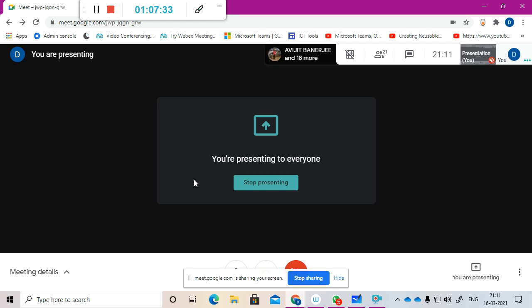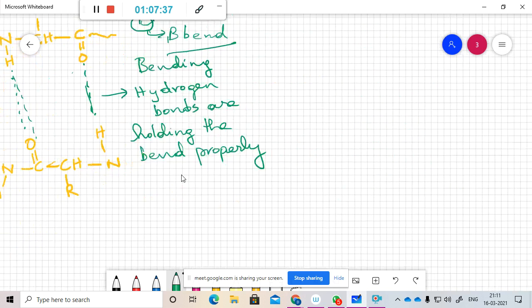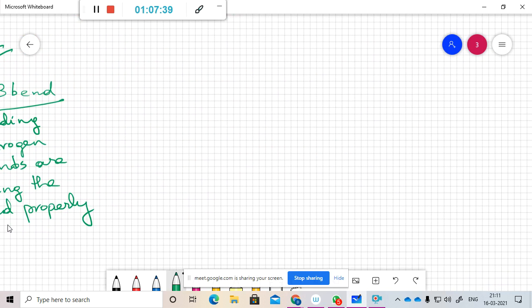After alpha helix, say for example, if I draw here, alpha helix is there, then suddenly, I'll use a different color, a beta bend starts.